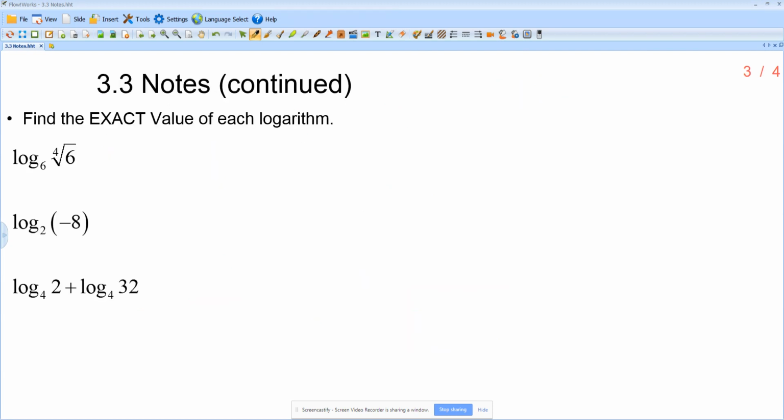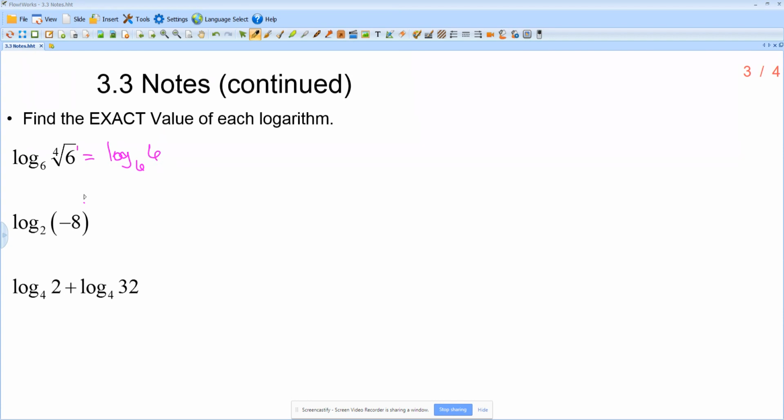So moving on, find the exact value of each logarithm. So I have log base 6 of the 4th root of 6. So you're thinking like 6 to what power gives me the 4th root of 6? And we're going to use some of our properties to rewrite this. So first, rewriting this, it becomes log base 6 of 6 to the what power?